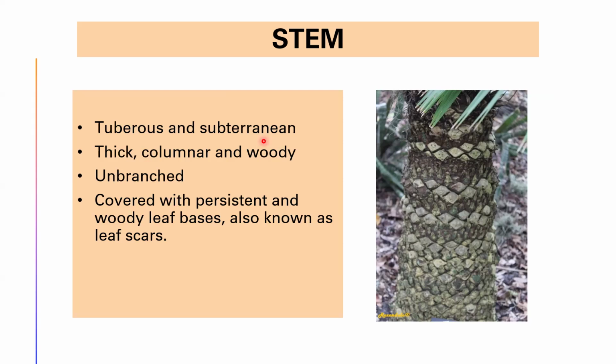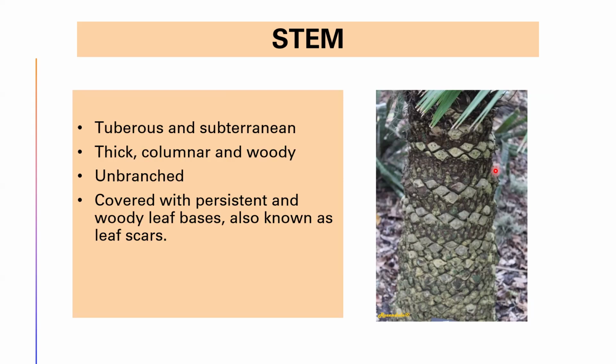In older plants, the stem is covered with persistent and woody leaf bases, and these are also called leaf scars. Some of the leaves, after falling off from the trunk, leave scars on the trunk, and these are called leaf scars.